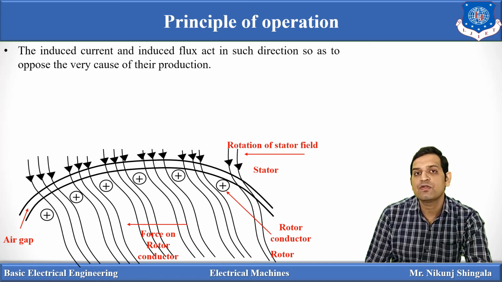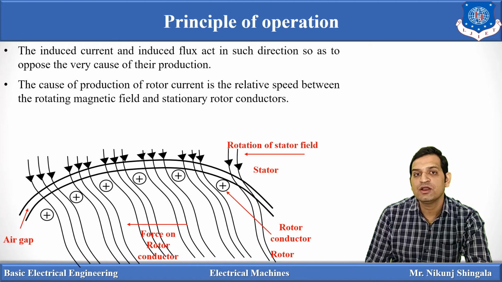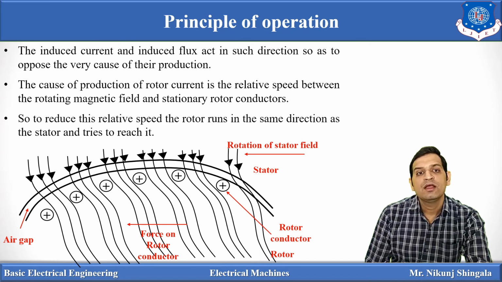The induced current and induced flux will oppose the cause of their production, and the cause of production of rotor current is the relative speed between the rotating magnetic field and the stationary rotor conductor. So to oppose the relative speed, and to reduce the relative speed between the stationary rotor and the rotating magnetic field, the rotor runs in the same direction as that of the stator, and it will try to reach the speed of the rotating magnetic field.